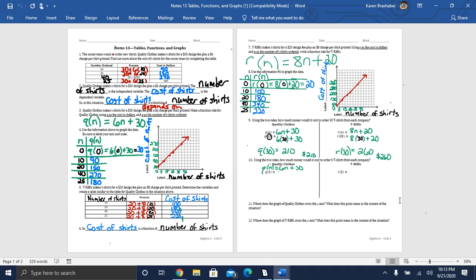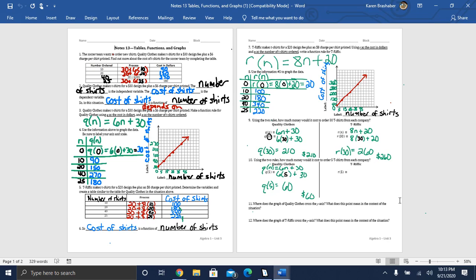So Q of 5 would be 6 times, and then we'll put in the 5. So 6 times 5 plus 30. So Q of 5 is going to be the answer to 6 times 5, which is 30, plus 30, and we're going to get 60. So $60.